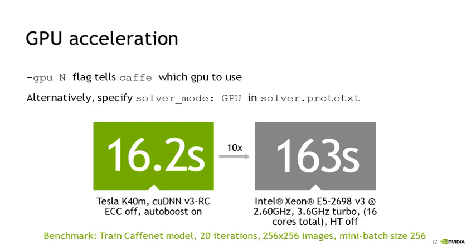And there's a huge benefit in using GPUs within Caffe to accelerate training. Recent testing that we've conducted here internally at NVIDIA showed that on a highly performant CPU-based system with 16 cores available and making use of multi-threading, we were able to train 20 iterations of the CaffeNet model, which is very close to AlexNet, if you're familiar with AlexNet, on 256 by 256 images with a batch size of 256 images, and that took about 163 seconds.